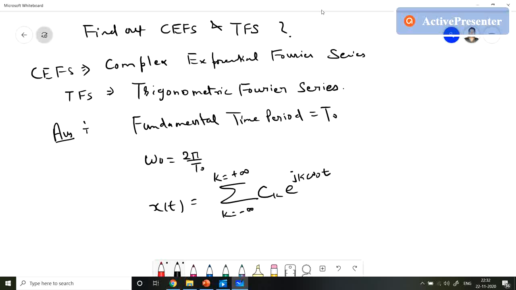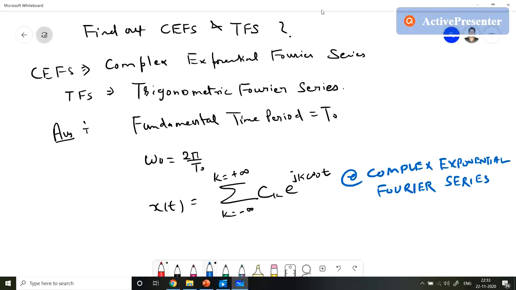Now this is basically the complex exponential Fourier series.